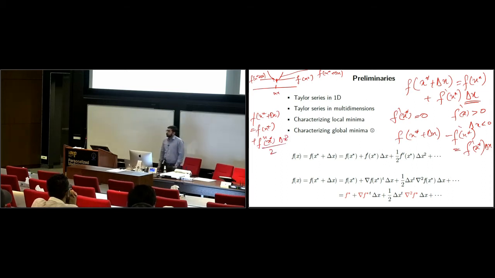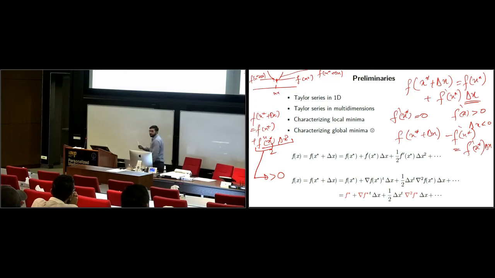Okay. Now delta x square is always positive, right? Because it's the square of a quantity. Now, in order for there to be a minima at x star, this quantity has to be greater than 0 as well, right?